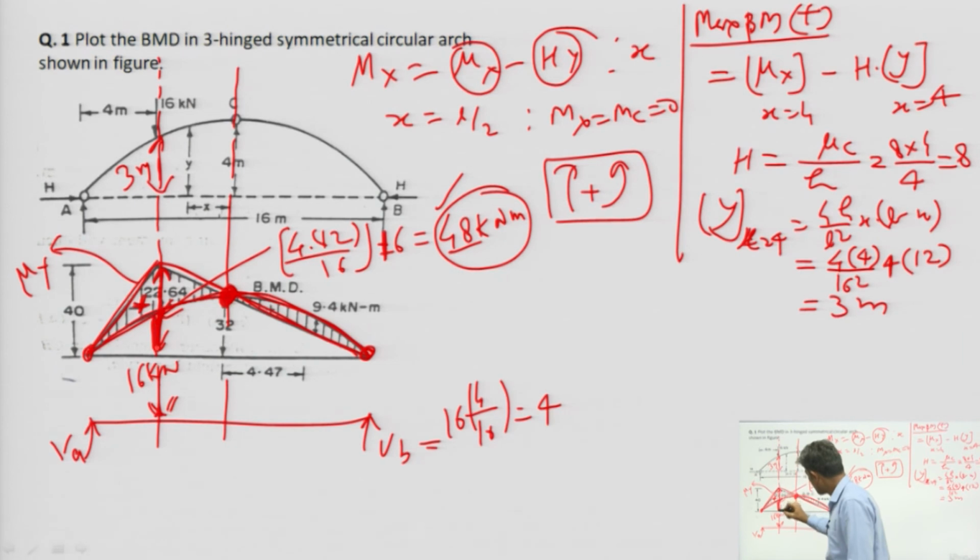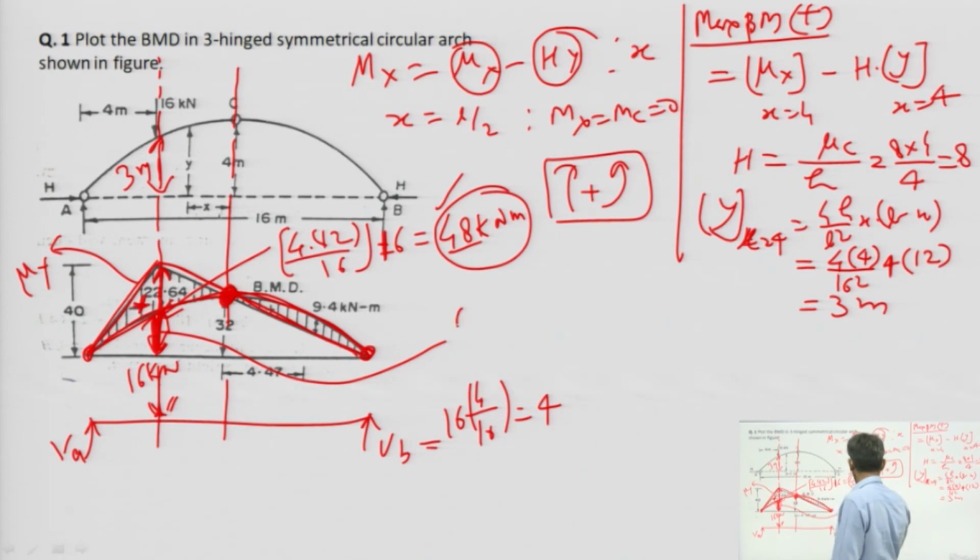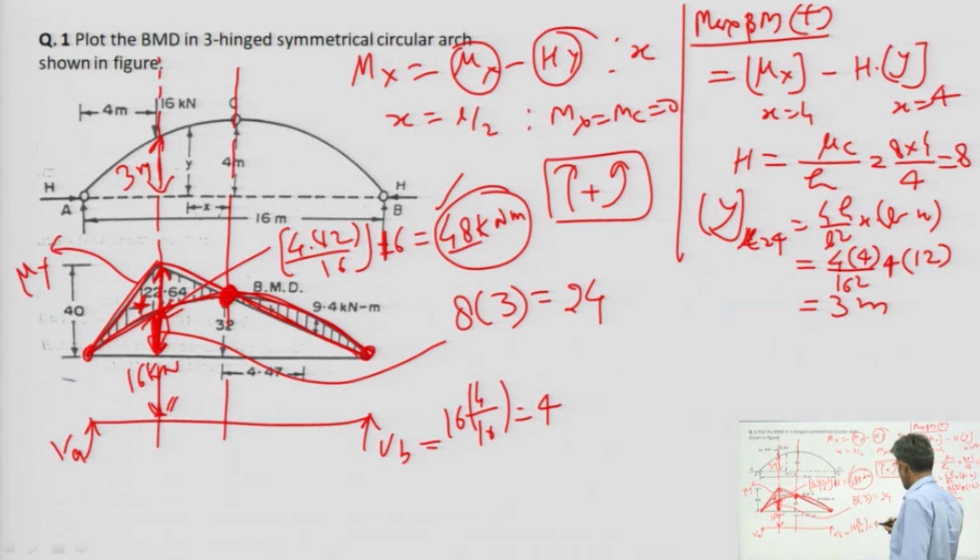So, H y moment here, the value of H is 8 and y is 3, so it is 24. Let me check it first.